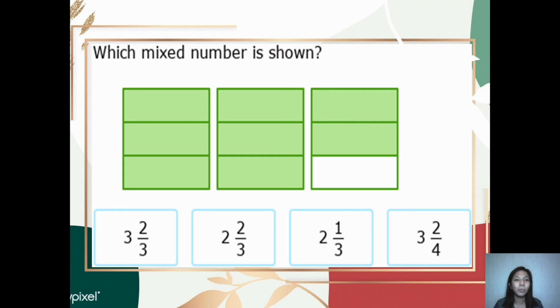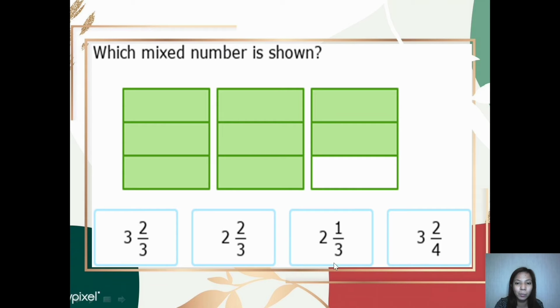Now I'm going to show you the mixed number. A mixed number has a whole part, just like this. These are examples of mixed numbers. Again, please say mixed number.